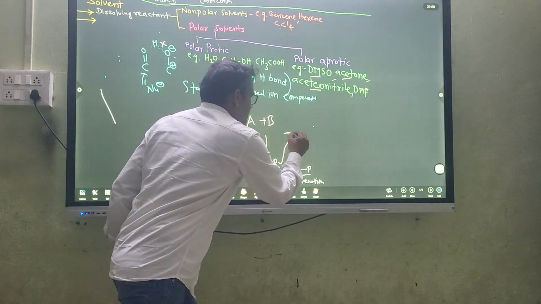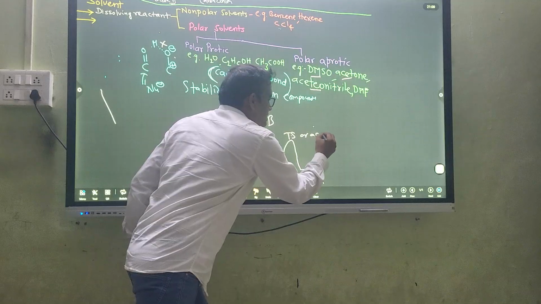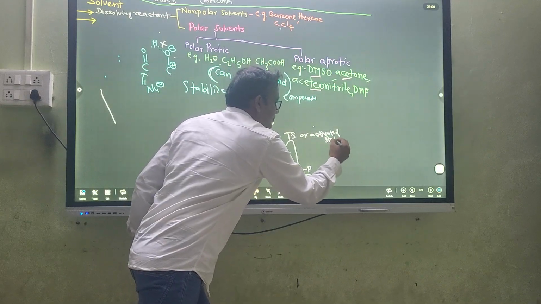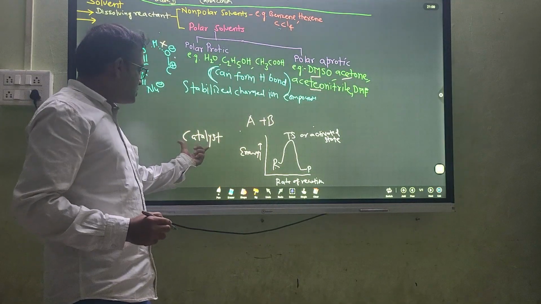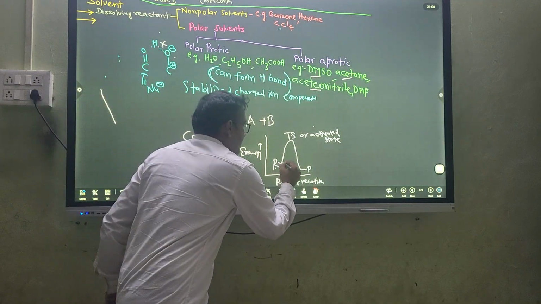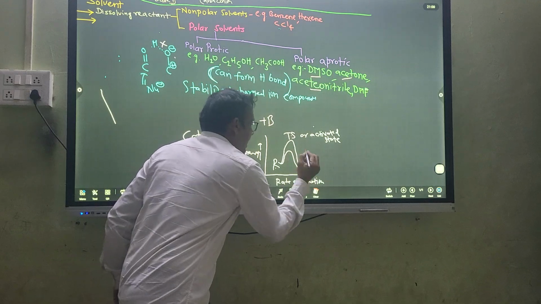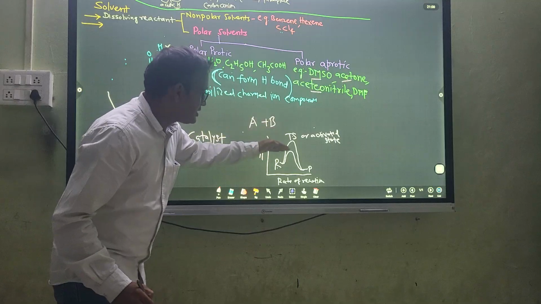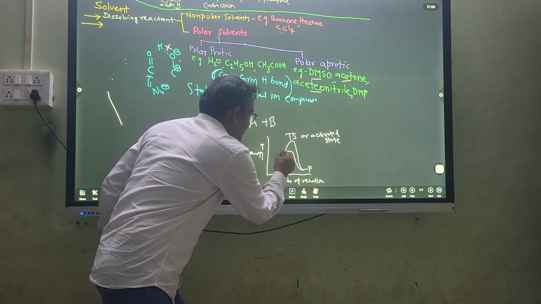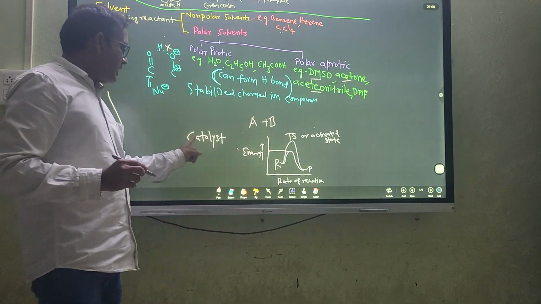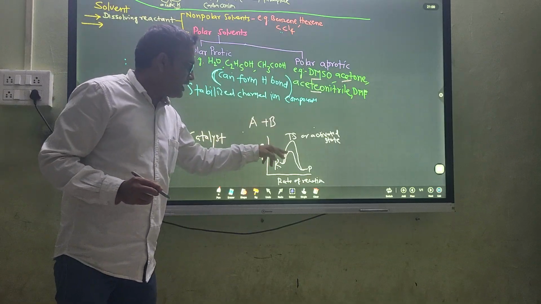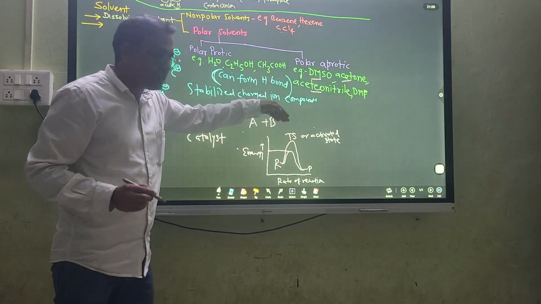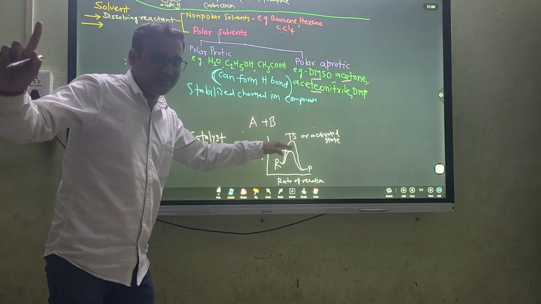This is a transition state or activated state. If you use a catalyst, the reaction path is like this. The transition energy decreases up to this level, and the role of the catalyst is to carry out the reaction very fast, with the activated state or transition state getting lower.